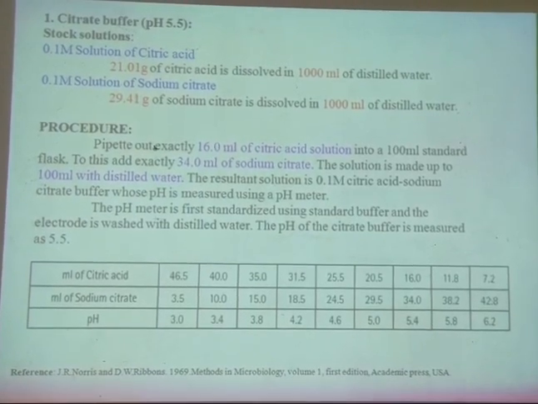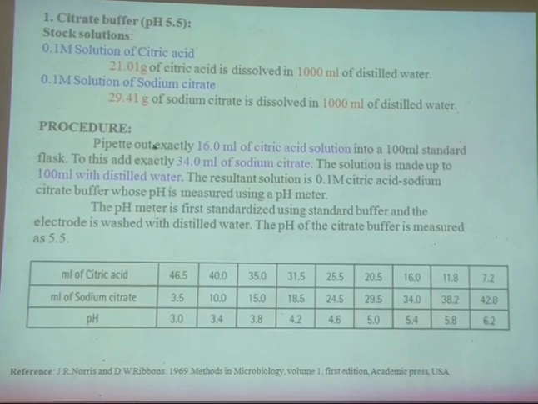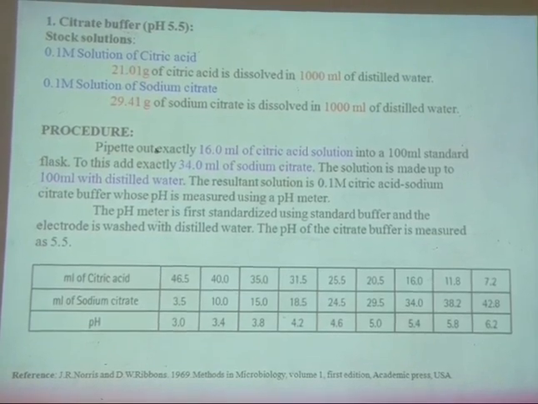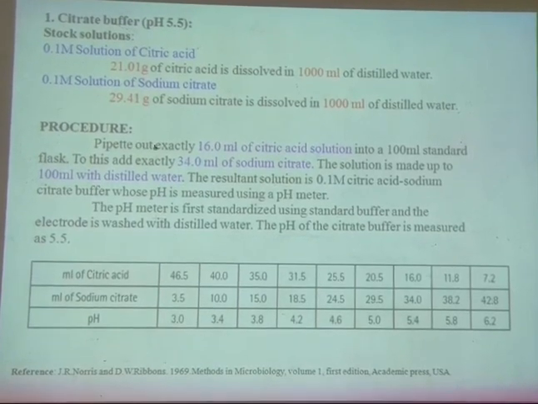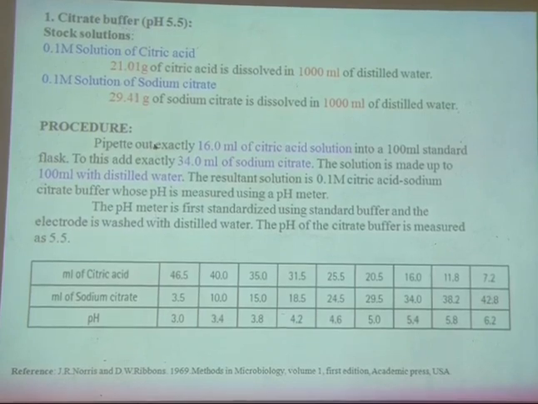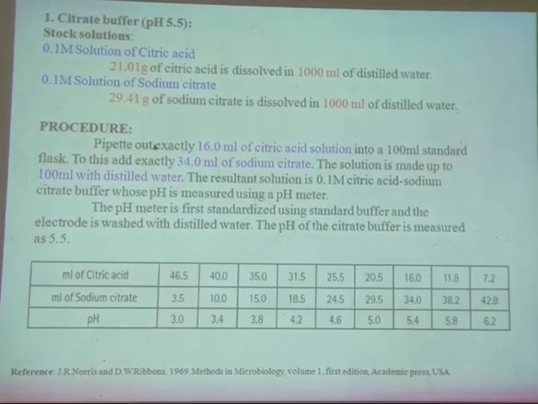From these 1 liter stock solutions, you want to prepare pH 5.5. As you can see in the table given by Methods in Microbiology Volume 1, published by Norris and Ribbons, pH 5.4 can be considered equal to 5.5.